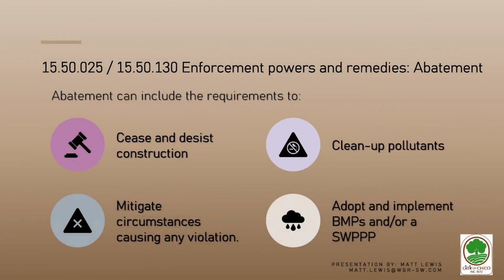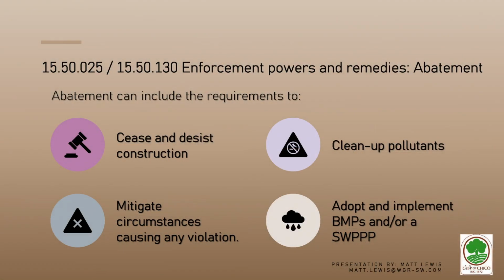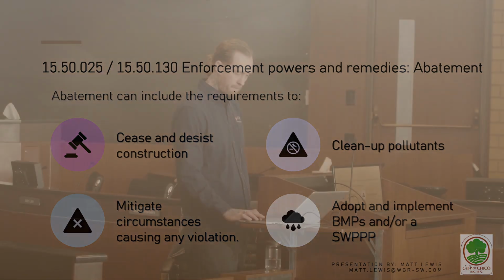All right, abatement. Abatement can include the requirement to cease and desist all activities that may cause or contribute to any discharge or condition in violation. You can command, which is always a sketchy word but it's the truth, the cleanup of any release of pollutants causing or resulting from the violation.